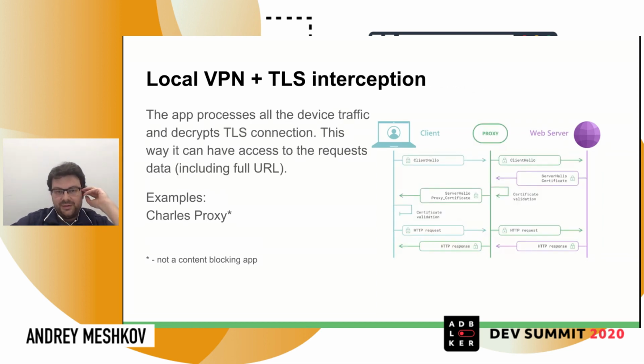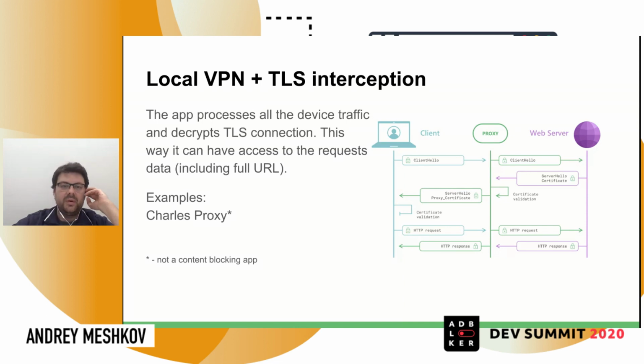And now the last and the most complicated technique is local VPN plus TLS interception. This is basically a classic man-in-the-middle approach where the app decrypts TLS connections, parses underlying data, sees the actual requests and responses. And this way, the app has much more information about what's going on.